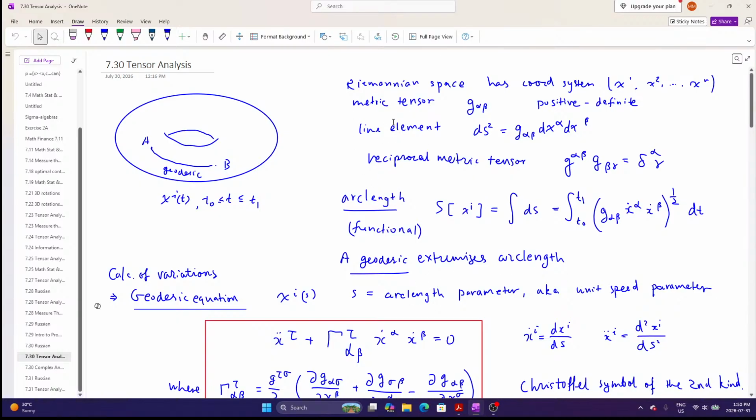This is a quick summary of what we've done so far in the field of Riemannian geometry, although from a non-rigorous, mostly computational standpoint. First of all, we consider the notion of a Riemannian space as a high-dimensional generalization of a surface in 3D.